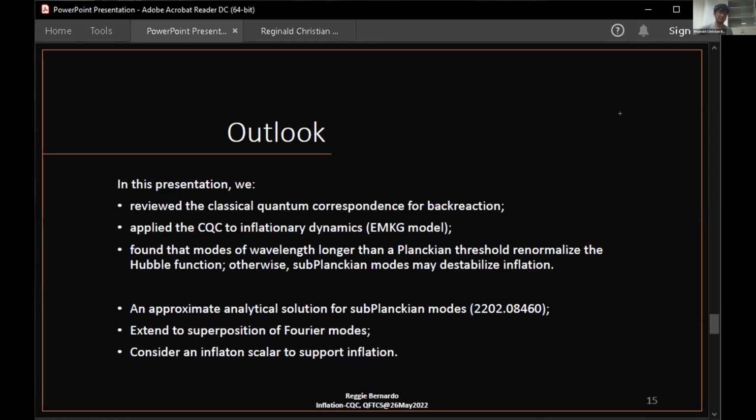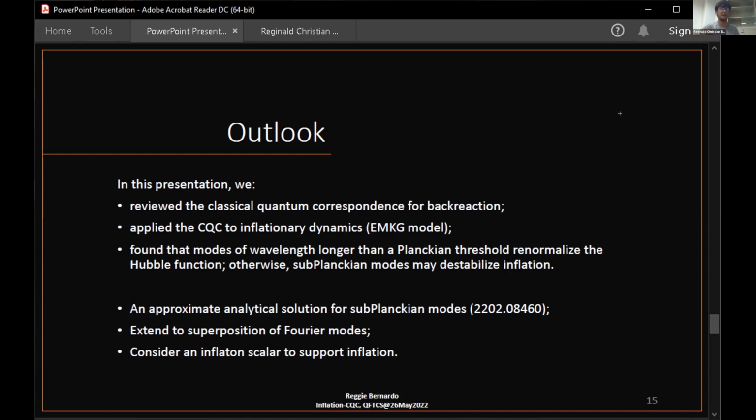I'll skip the upper portion, but about the approximations I've made: this is considering just a single Fourier mode of the quantum field. I don't know yet how to use the classical quantum correspondence in the context of the real quantum field. In real physics, of course, we always find not just a single mode but a superposition of them.